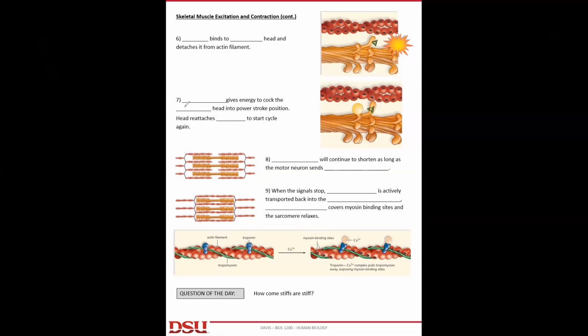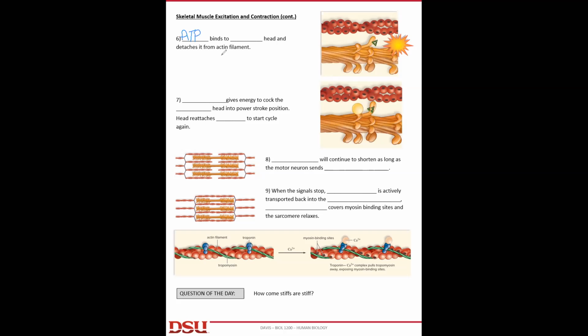First off, we need ATP. Remember ATP from cellular respiration, the energy source? Well, ATP is required to make this contraction process stop. So ATP binds to the myosin head and detaches it from the actin filament, right? So we had our cross bridge happening where we had our myosin head and our actin attached, but now we're going to have ATP come in.